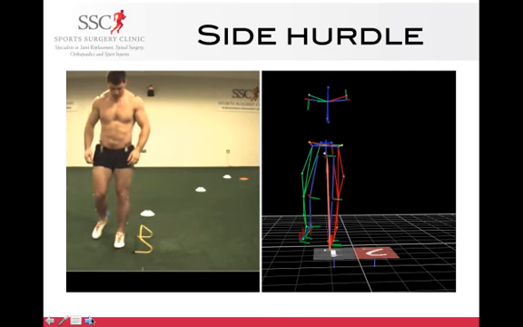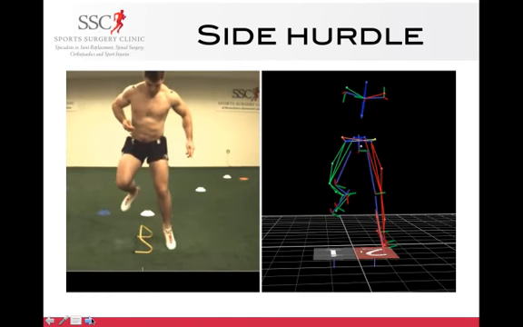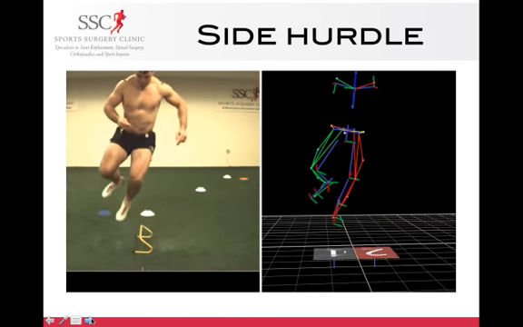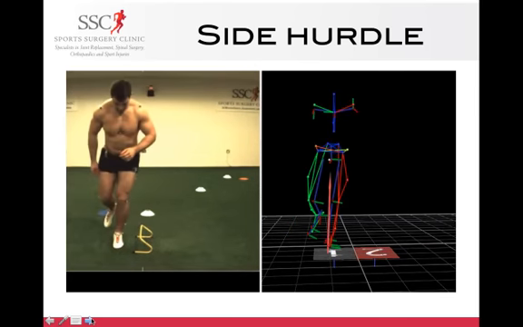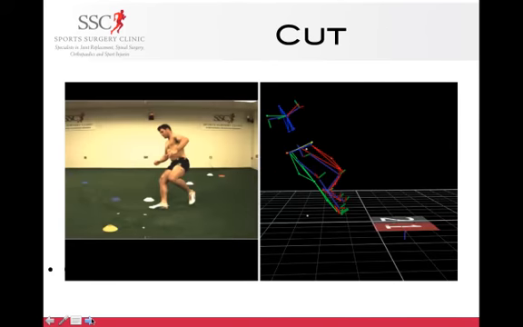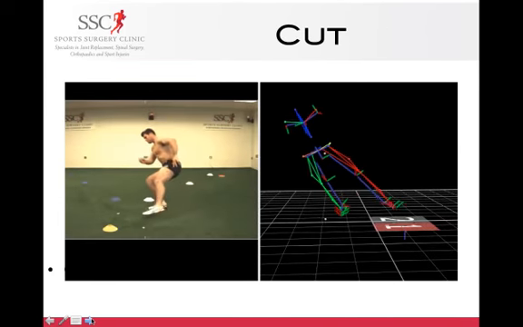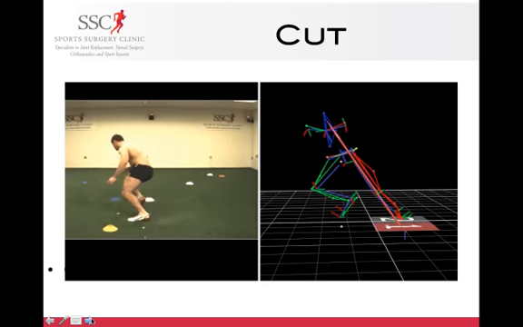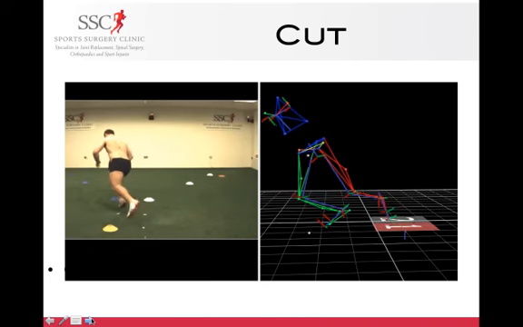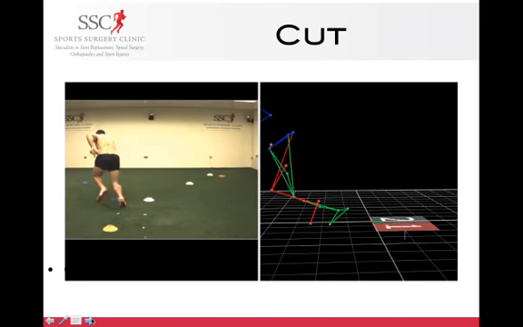But you can see there that certainly puts a high load in movement, and we plan to repeat it again in a forward movement. And moving on, you've seen the cut already, we'll not go through that again. In terms of the change of direction, the planting, you can see the force going through the pelvis there in terms of trying to recreate what we're asking the patients to do.